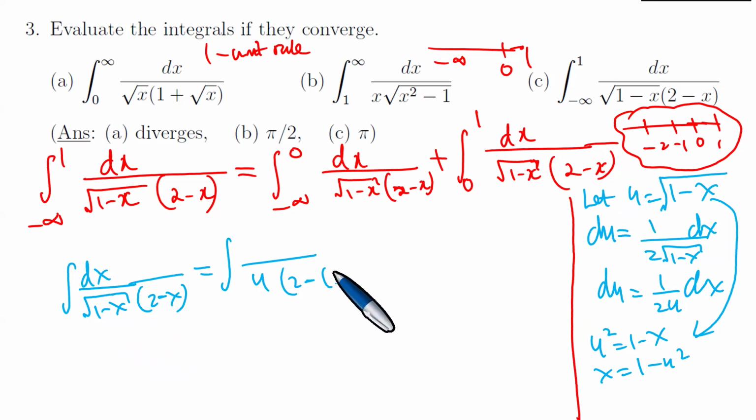Wherever there is x, you put 1 minus u squared. What is the dx? Which is 2u du.